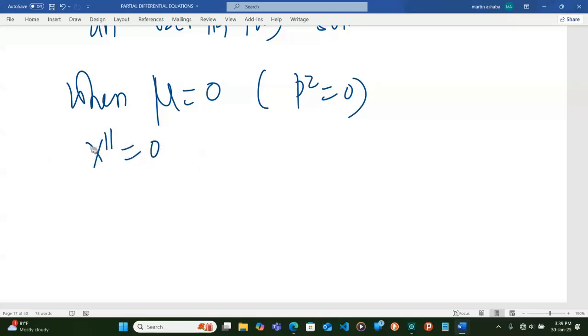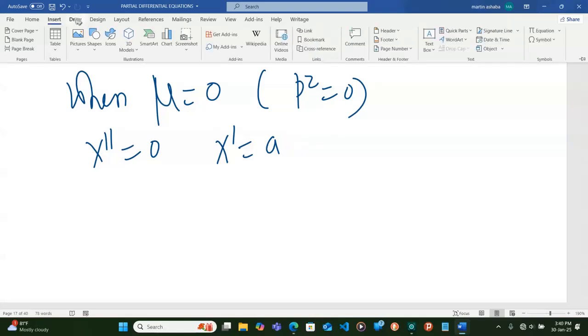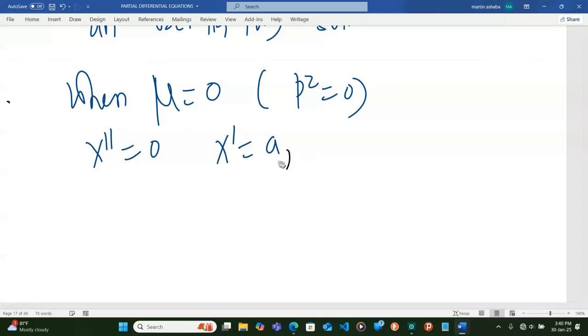So if x double prime is equal to 0, if I integrate this, I will have x single prime equal to a. Then if I do the integration again, x is equal to ax plus b.